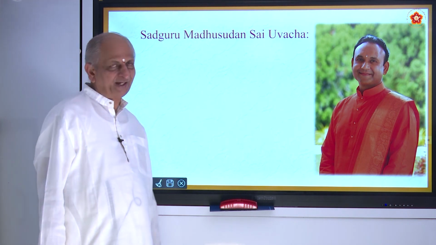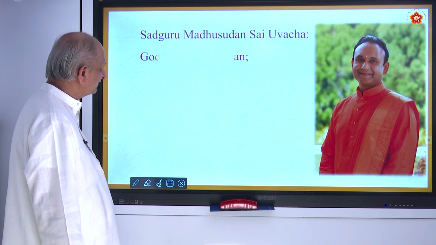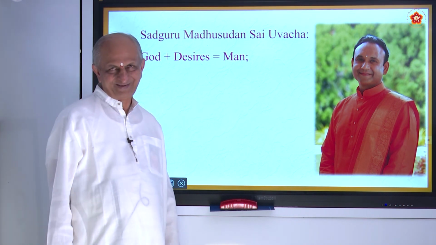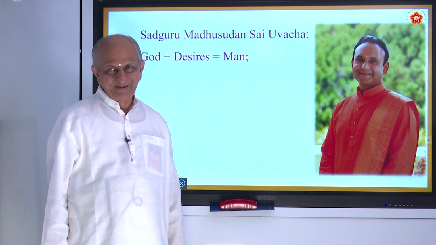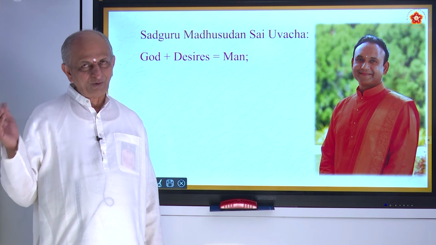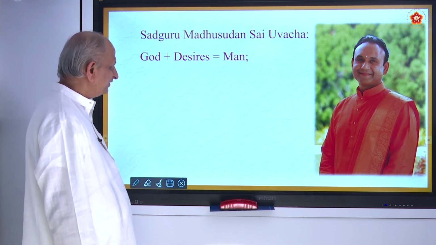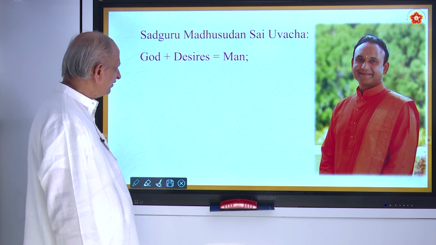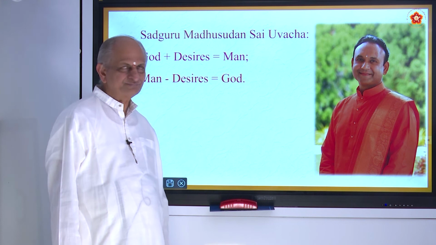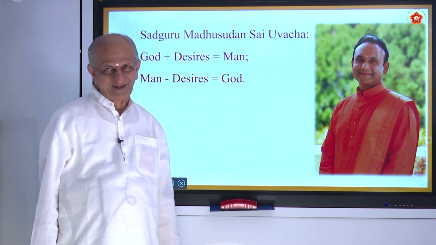What Madhusudan Sai says. Uvacha means what he says. God plus desires is man. Who is a man? Man means even though the same God is in everyone, he will be bound by desires. Nothing but mind. Mind is full of desires. But if we remove desires one by one, man becomes God. That is how Madhusudan has become Sadguru Madhusudan Sai.